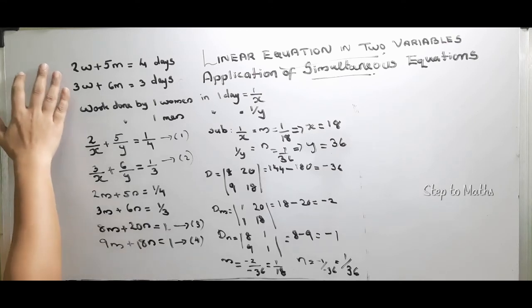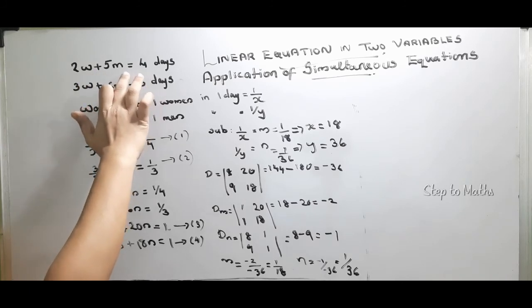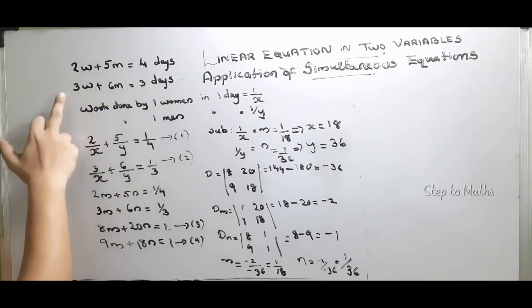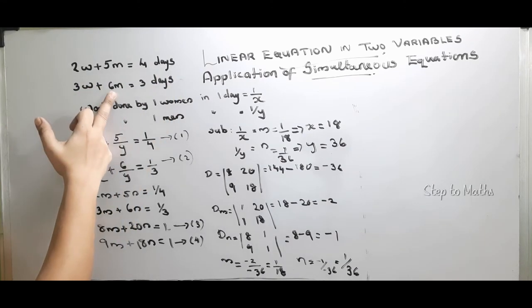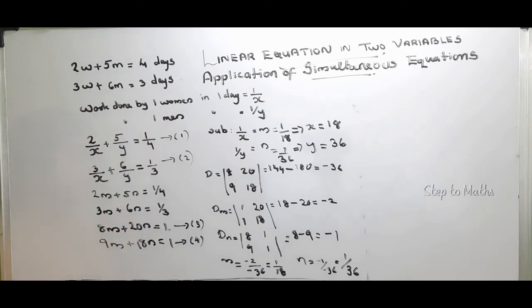Our given question is: two women and 5 men together require 4 days to complete a work, and 3 women and 6 men together require 3 days to complete that work.